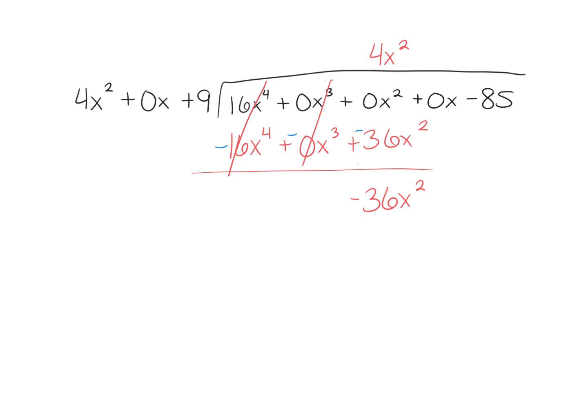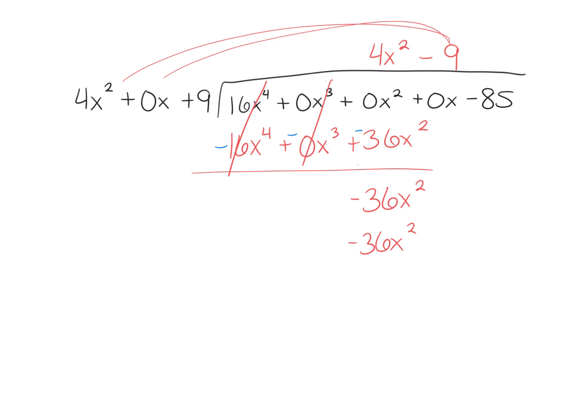How do I turn 4x squared into negative 36x squared? Times by negative 9. So I have negative 9 times 4x squared, negative 36x squared. Cancels.